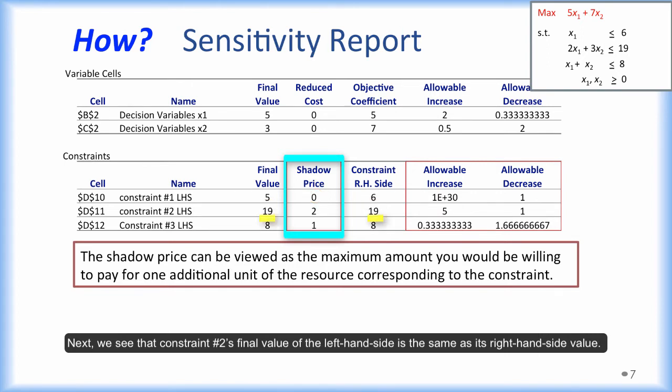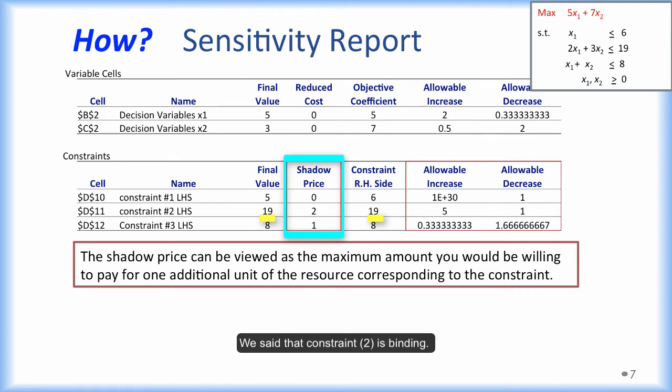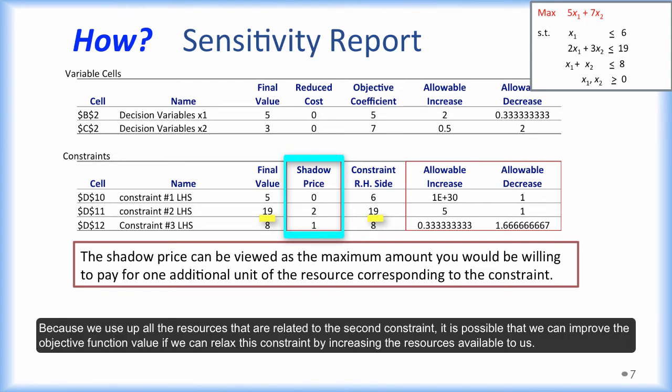Next, we notice that constraint number 2's final value of the left-hand side is the same as its right-hand side value. Intuitively speaking, this means that we have used up all the resources that are related to the second constraint. And we say that constraint number 2 is binding.